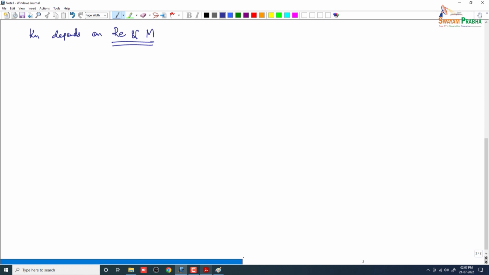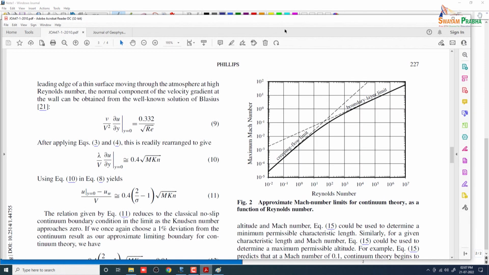you have this solid line here, and the x-axis is the Reynolds number, and the y-axis is the Mach number. The continuum approach is applicable in the space to the right and to the bottom of this solid line.